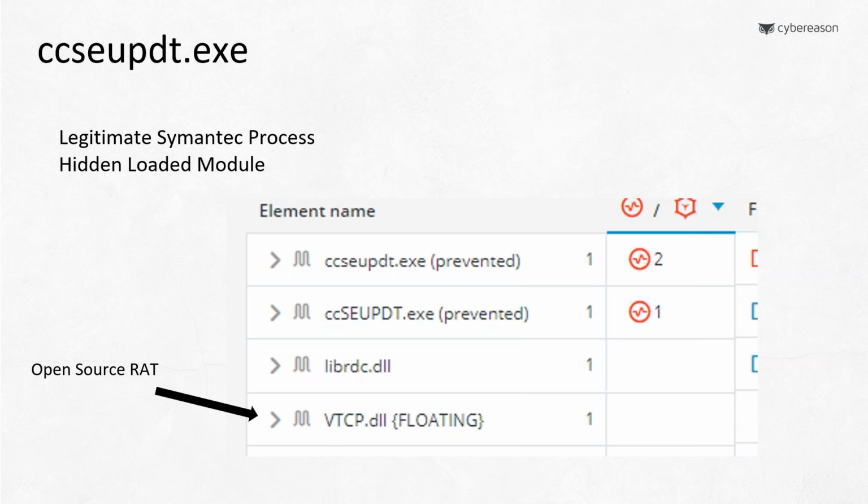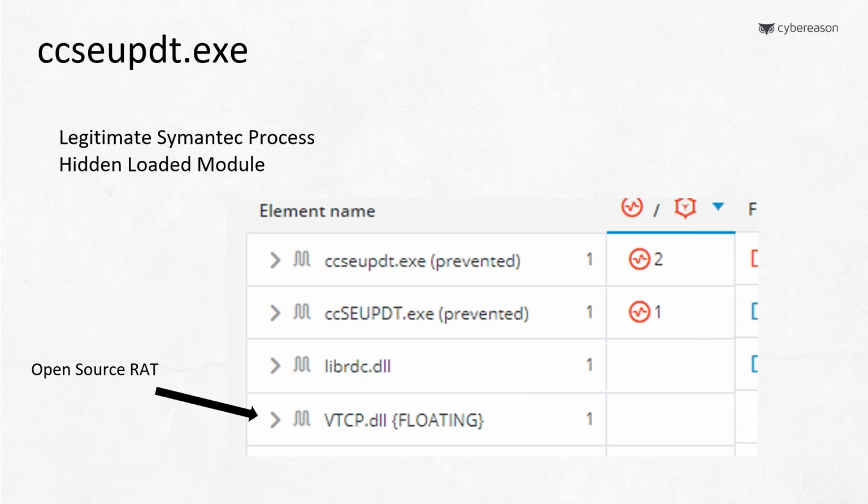Which means that if I, as an investigator, would like to understand what this vtcp.dll is or what's in it, I will not have any file that I can investigate because it was not loaded from file. And this is also a common way for attackers to hide a malicious payload.